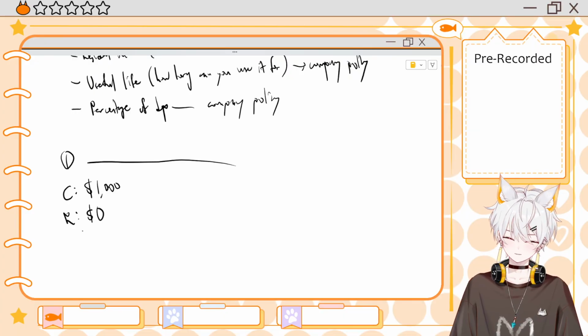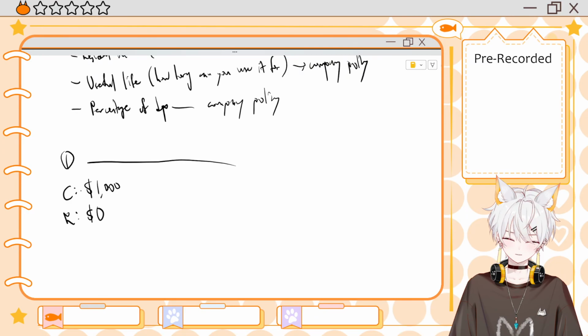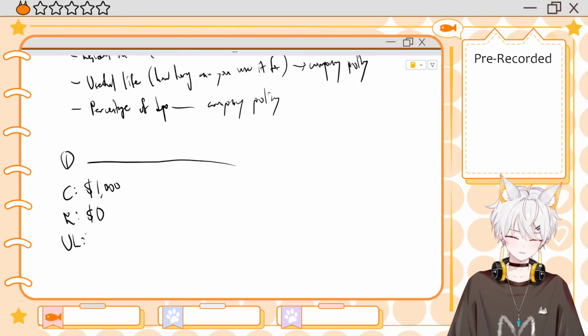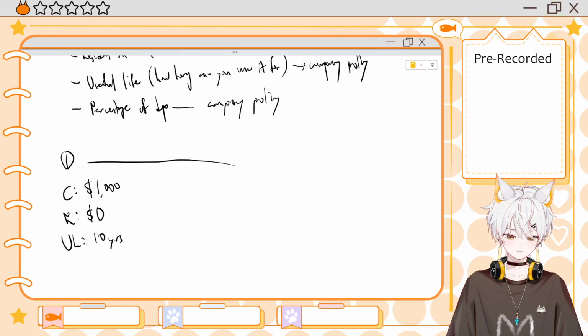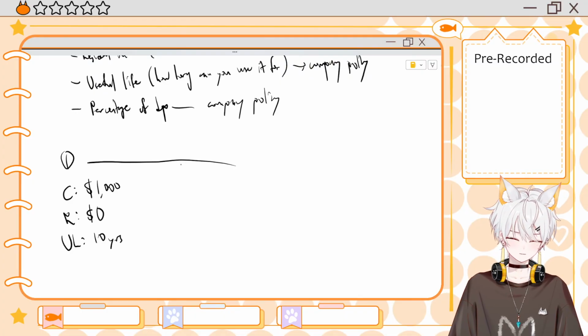I'm going to run through a few different scenarios with this, so to keep it simple, we put 0 for residual value first. Useful life, we can write UL, maybe 10 years. Percentage of depreciation isn't important here, and you'll know why soon. But for your info, it is 10%.